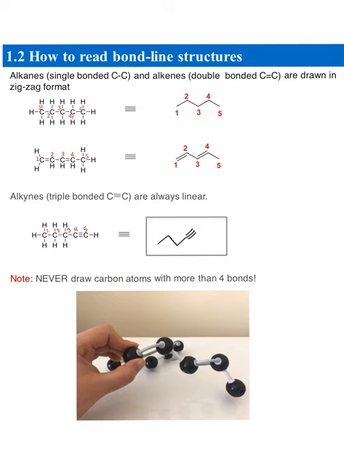So if I number these carbons 1, 2, 3, 4, and 5, this carbon right here is not in an actual corner and it's not an endpoint. So there is a chance that you miss this carbon. Just pay attention that here there is a carbon, so don't miss it.